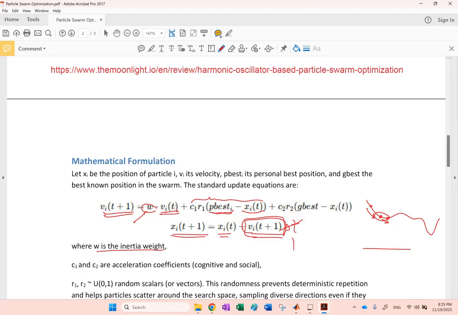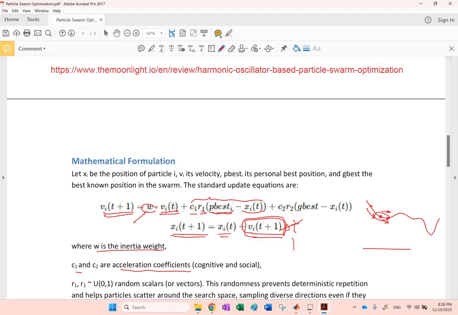Now, there are two weights here, C1 and R1. This C1 is called the acceleration coefficient. So the bigger it is, the bigger this local minimum is going to affect the change in the velocity. This extra component will affect it more.